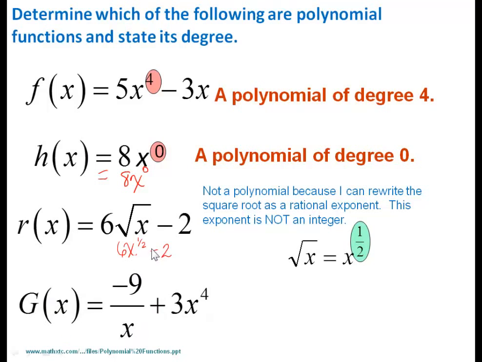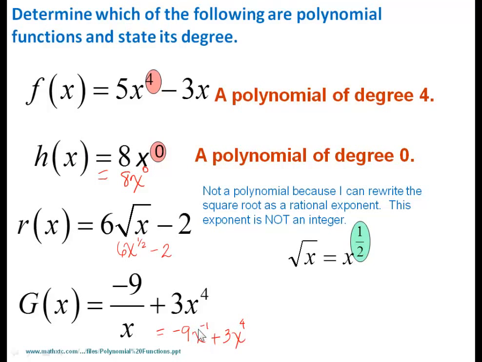My next example here, I gave you a preview of this in the previous slide. I can rewrite this whole expression as -9, and I can bring this x up to the numerator by writing it like this, plus 3x to the 4th power. Now, is this a polynomial function?